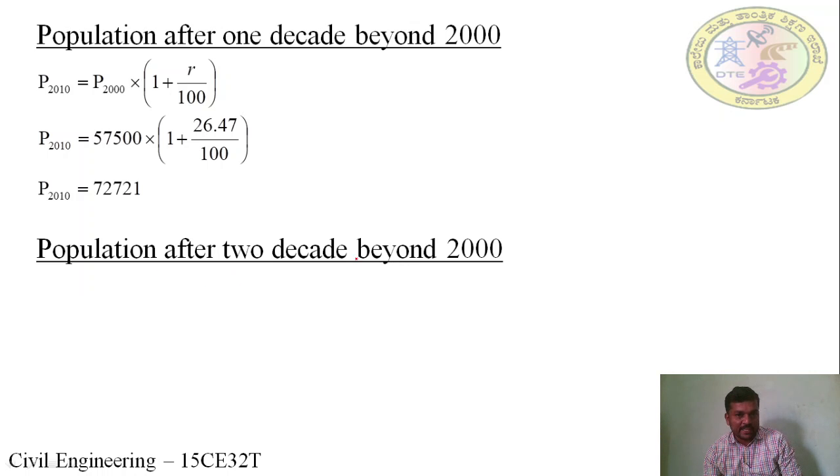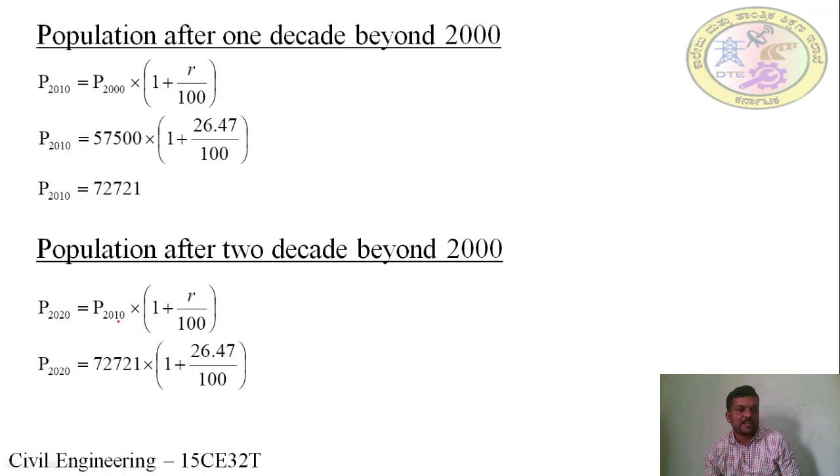Population after 2 decades beyond 2000 we need to find out, which means we need to calculate the population for the year 2020. Here population for the year 2020 is equal to population for the year 2010 into 1 plus R divided by 100.